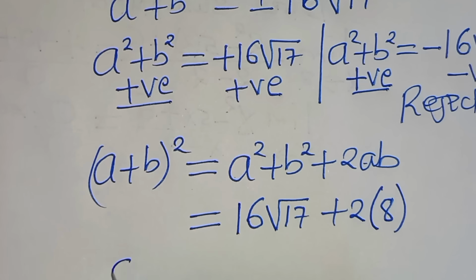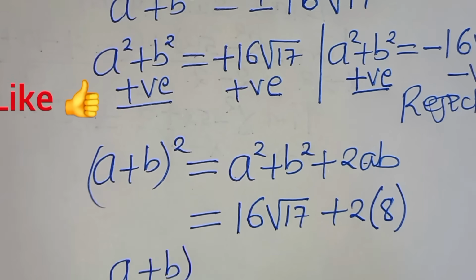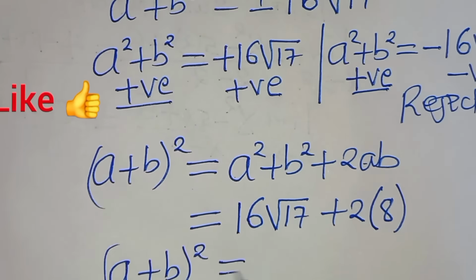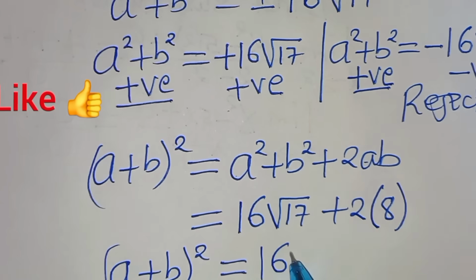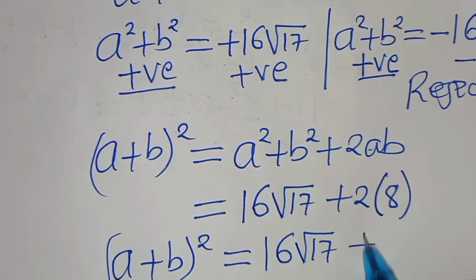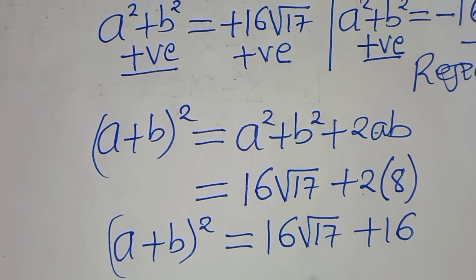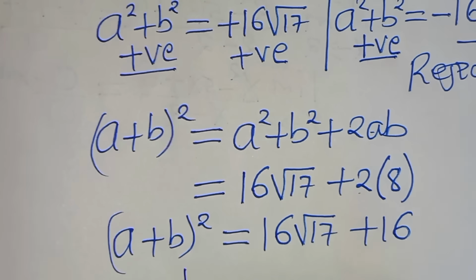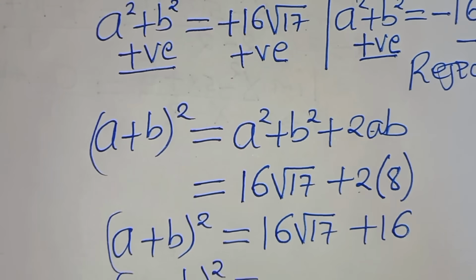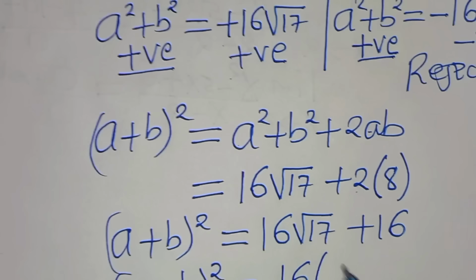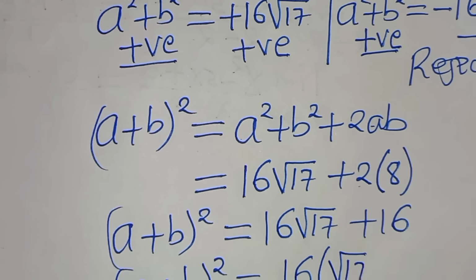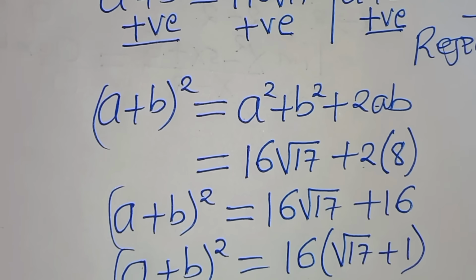So we have a plus b raised to the power of 2. This is equal to 16 square root of 17, then plus 8 times 2, this is equal to 16. 16 is common here, so we can factor out 16 so that we have 16 into the parentheses square root of 17 plus 1.